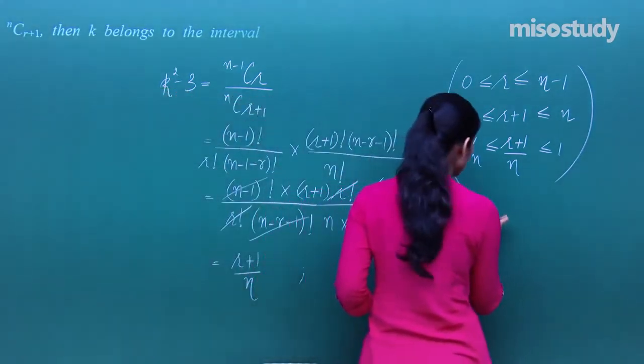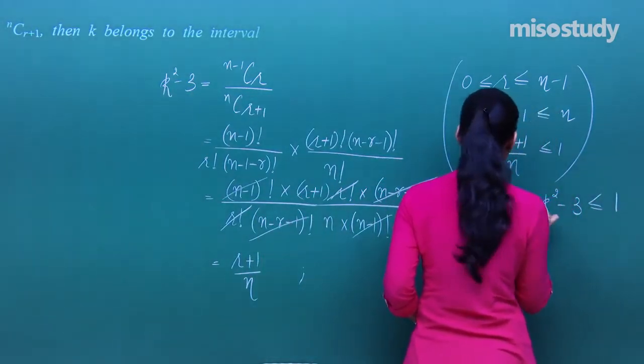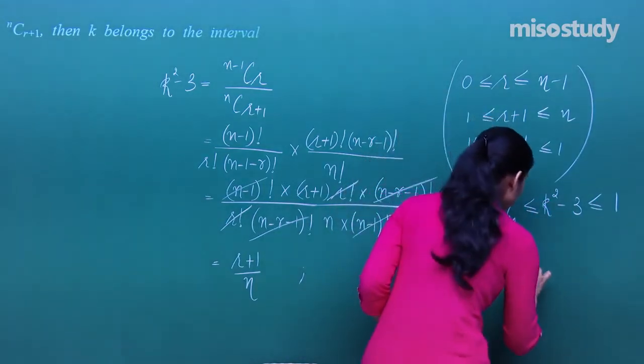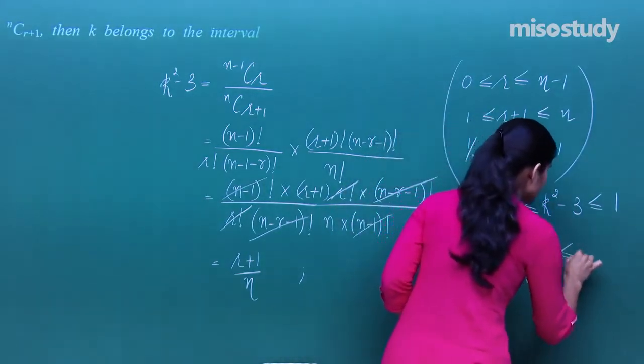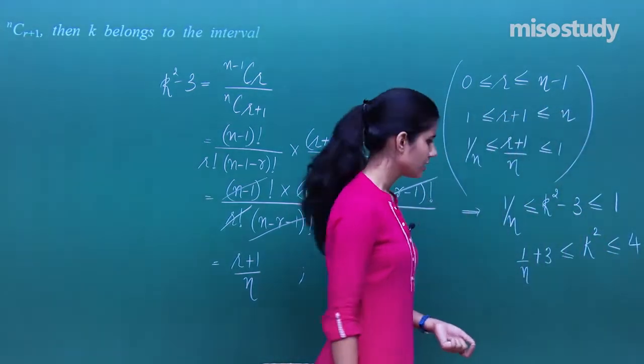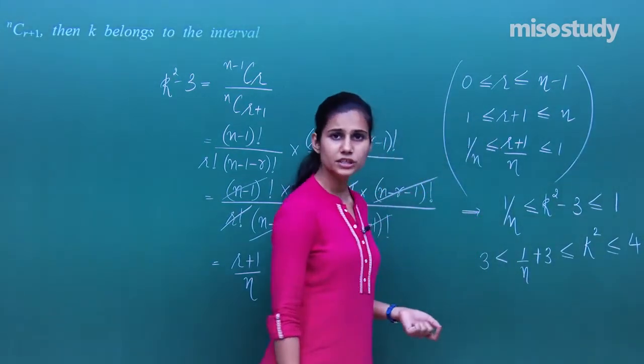So you get that k² − 3 is less than or equal to 1 and greater than or equal to 1/n. So 1/n + 3 ≤ k² ≤ 1 + 3, that is 4. And this term is strictly greater than 3, as n is positive.